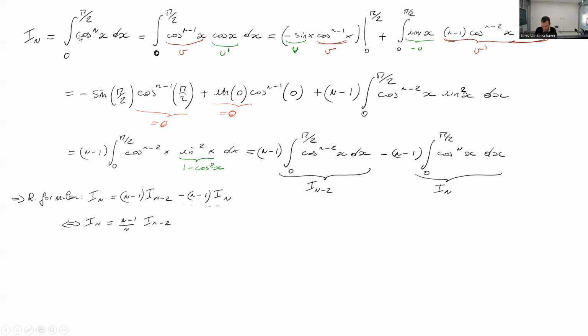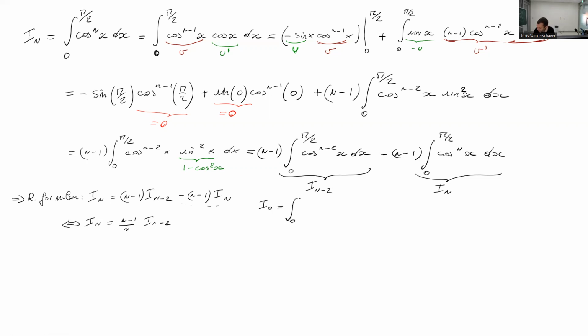So let's do that, and then finally we'll call it a day. And now the only thing that you need to keep in mind for the time being is that we go down in jumps of 2. So it's going to differ whether n is even or odd, but we'll see how that comes up in a number of examples. So let's start with I0.